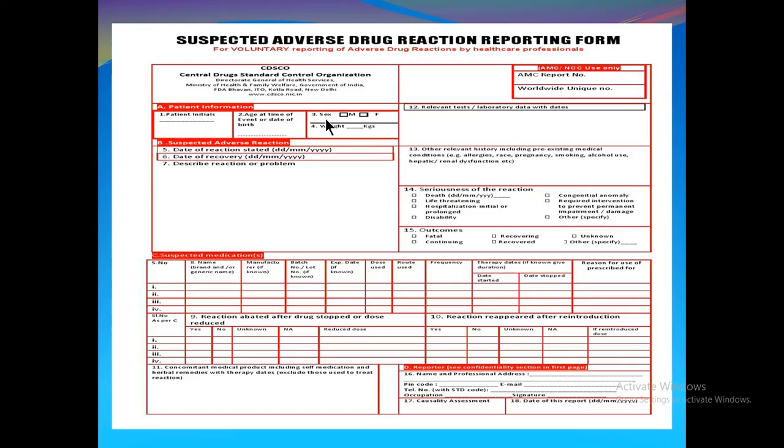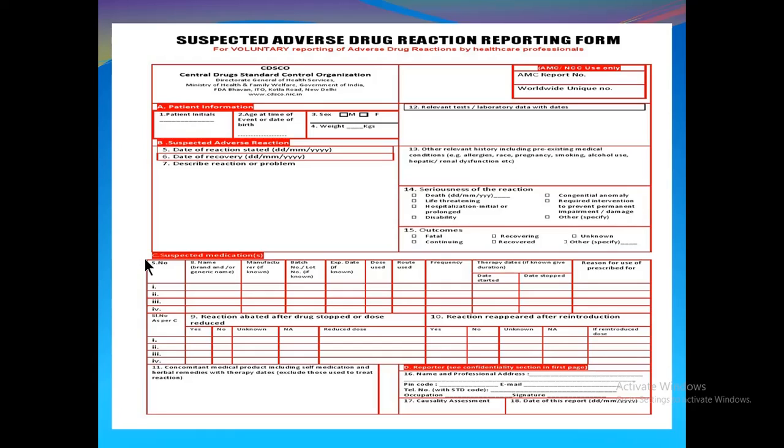Coming to the next section B, where details about the suspected adverse drug reaction like date of reaction started, date of recovery and description of the problem have to be filled. This section constitutes 3 points in total. Now coming to section C, which demands details about suspected medications, which have to be filled in points from 8 to 15.